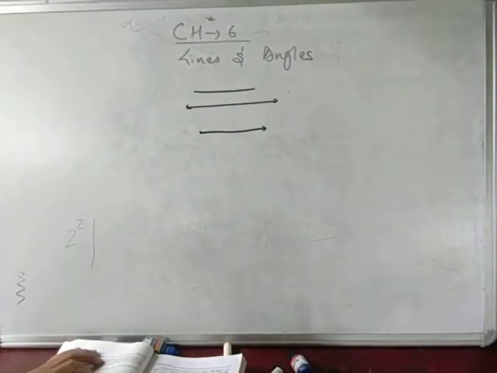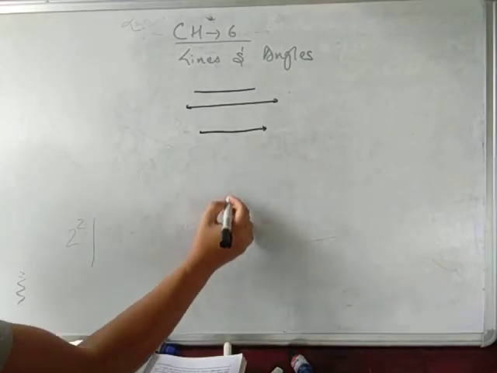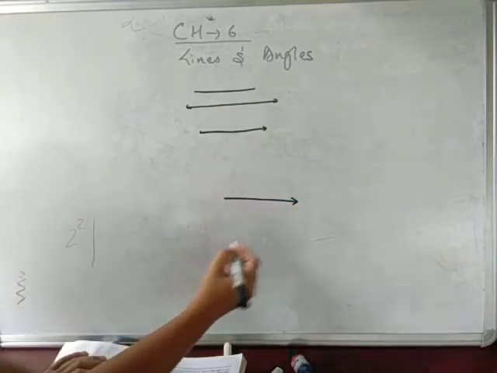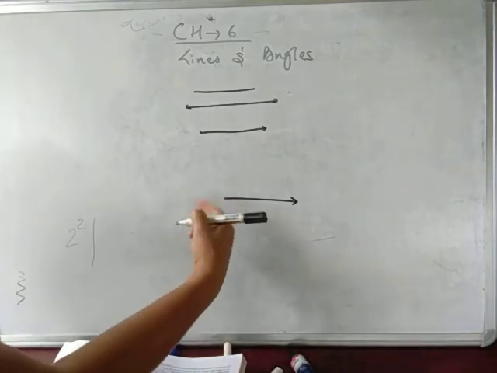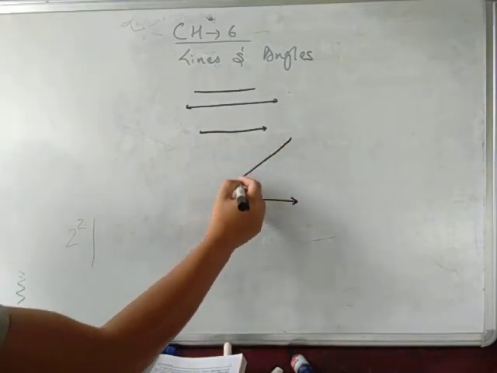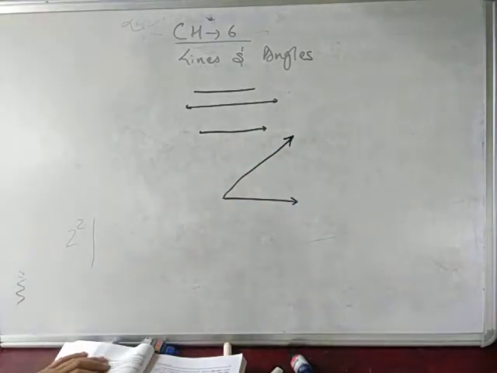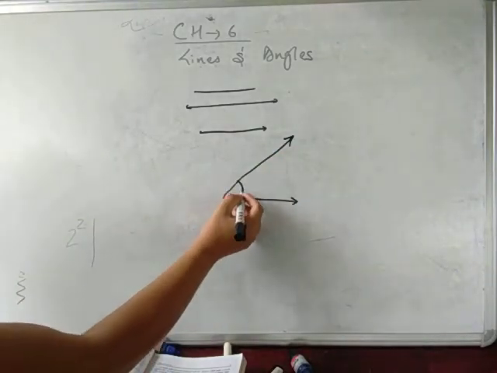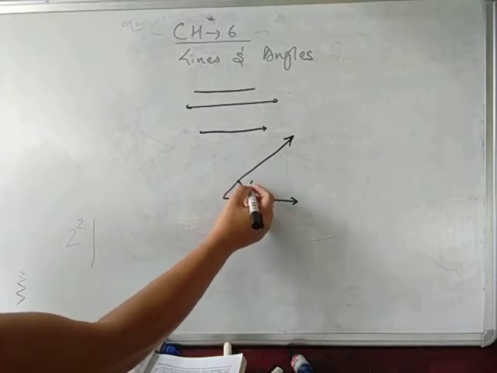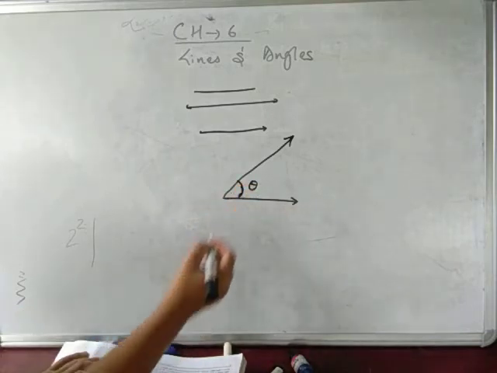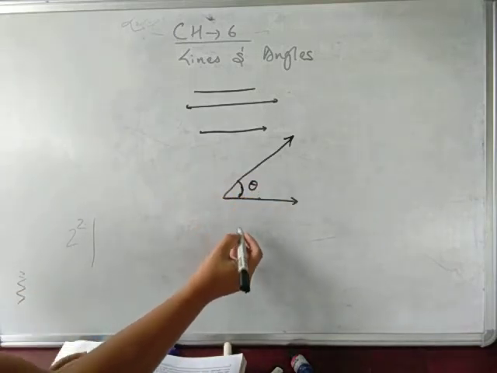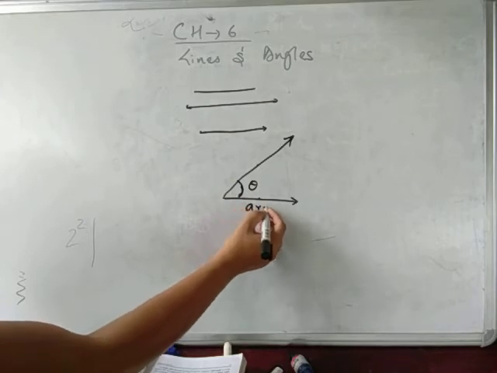Next, you know angle, isn't it? To make an angle you need two rays. So first ray, second ray, right? This is your angle. These are called arms of an angle.